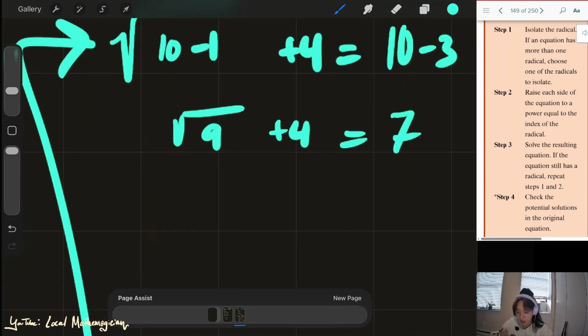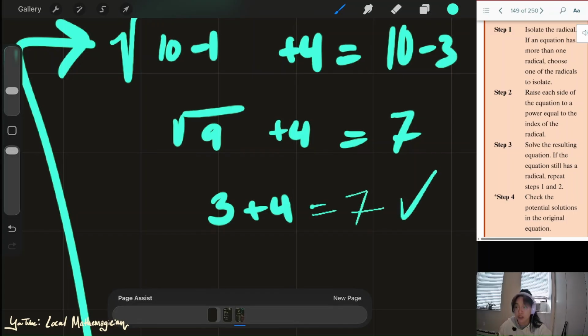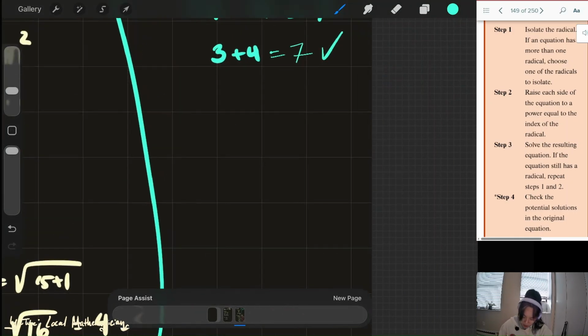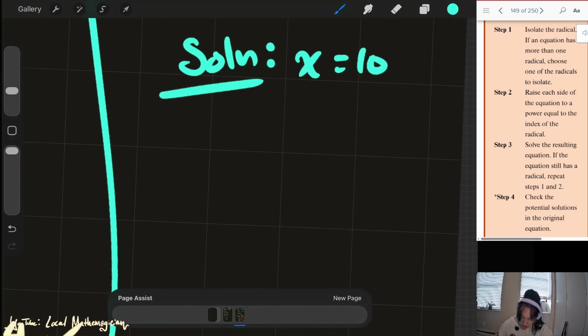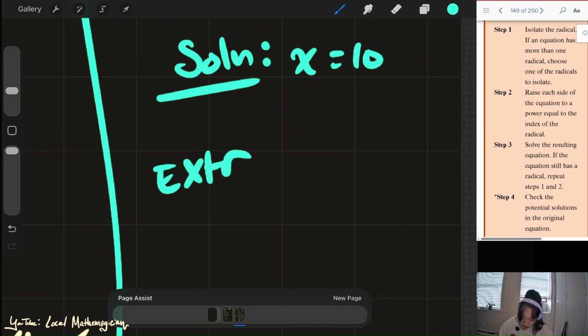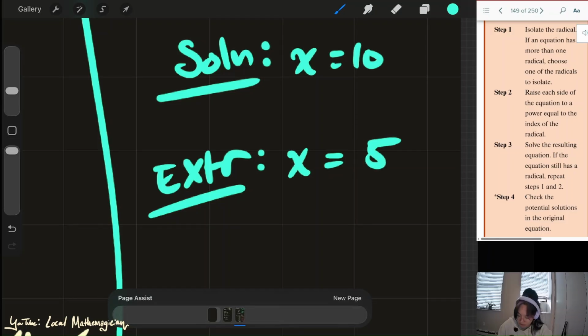Root 9, positive root, is 3, plus 4 is equal to 7. That is true. So your solution, x is equal to 10. Your extraneous solution, x is equal to 5.